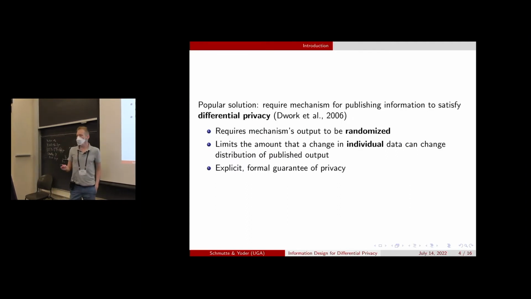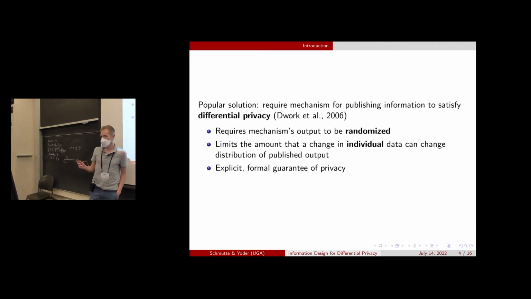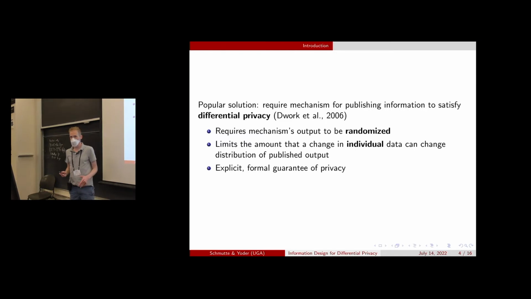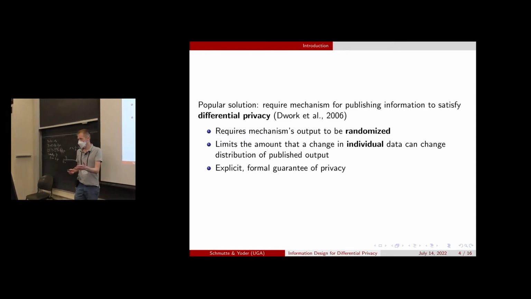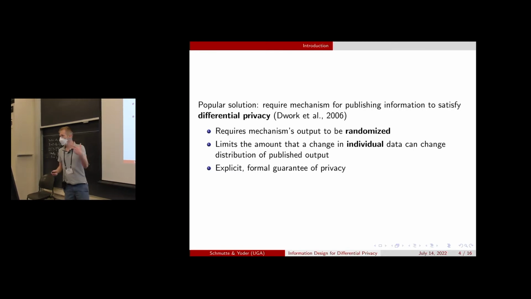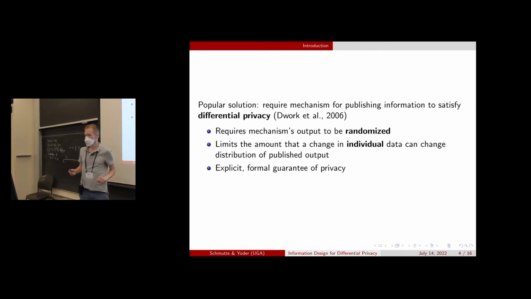So the solution that a lot of organizations have settled on is to adopt mechanisms for publishing information that satisfy a criterion from computer science called differential privacy. What differential privacy does is it requires that given any data you might collect, the output that the mechanism provides or publishes is randomized.